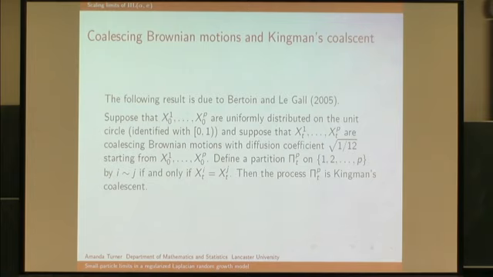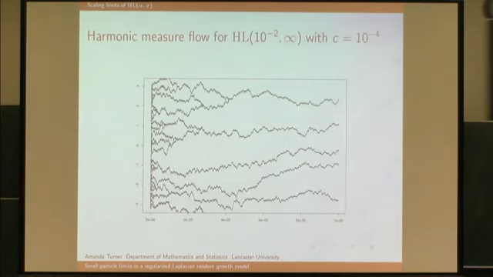Then we can define a partition on the unit circle given by those Brownian paths, in much the same way that I've explained over here. So at this particular time point, here's our partition. You can just go down and see which bits of the unit circle are connected.